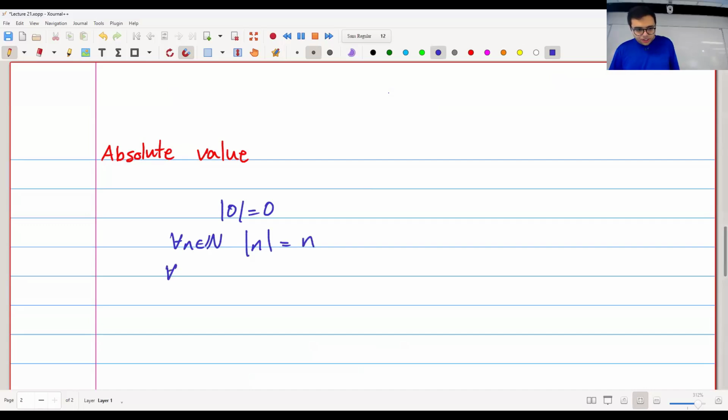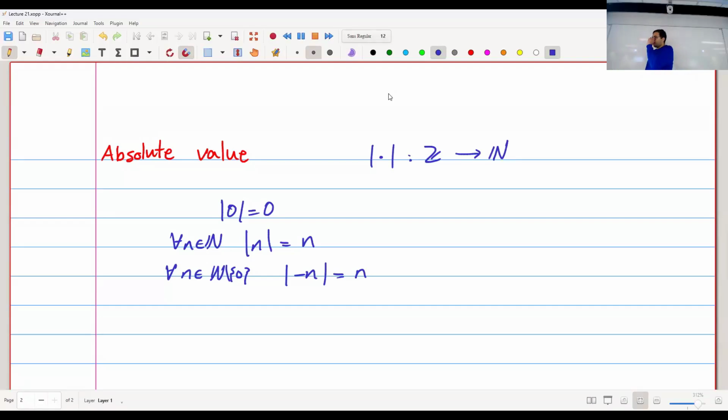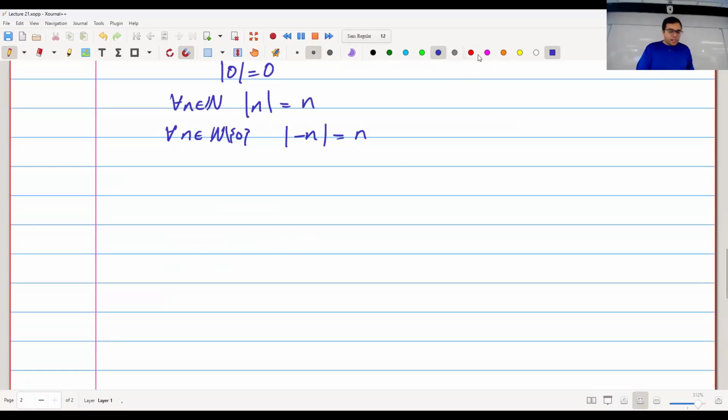And for every positive number n, the absolute value of minus n is also n. So absolute value is also a function. It's just a function that maps from Z to Z. Or you can also think of it as mapping from Z to N. Okay. Great. Now I have absolute value.